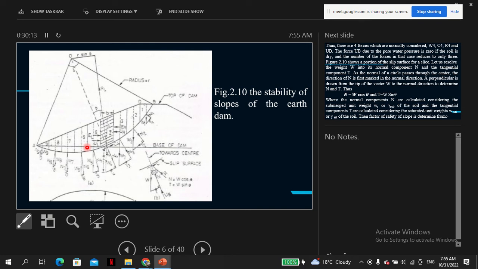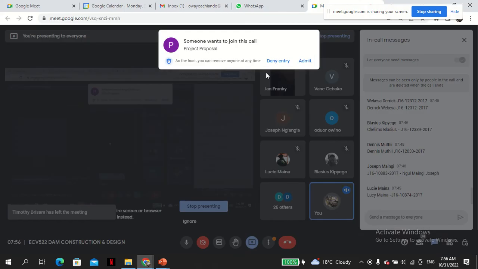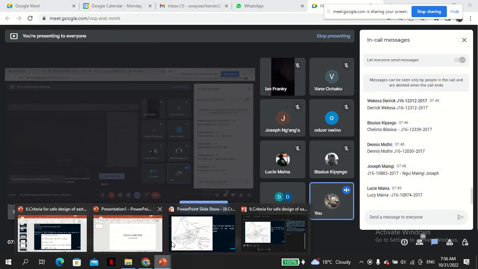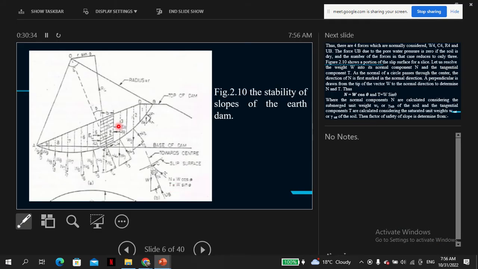Once you have been given the geometry, it's not very easy to determine the actual center of the slip circle. All we know is failure will tend to happen in a slip circle manner, but it's not immediately clear where. So you have to try several slip circles, get the factors of safety, and then choose the one with the least, because that is the critical slip circle.